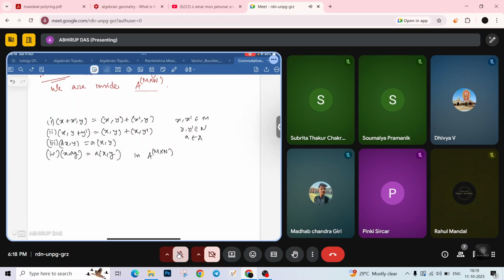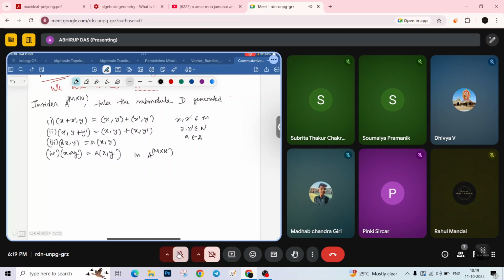Inside A to the power M cross N, take the submodule D generated by the following relations.